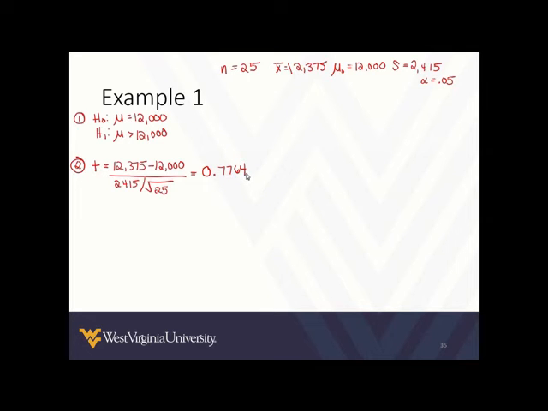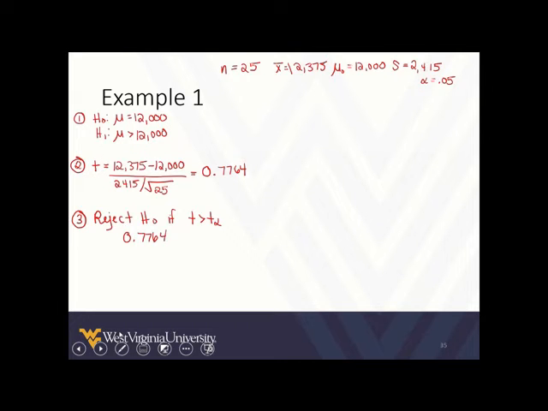And remember, anytime you're calculating something, it is safe to round it to 4 decimals. This now brings us to our third step, which is where we can define our critical region and make a decision. So for us, we can say that we will reject the null hypothesis if t is greater than t alpha. We know that t is 0.7764.